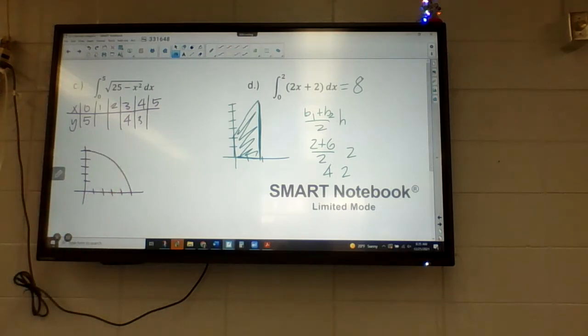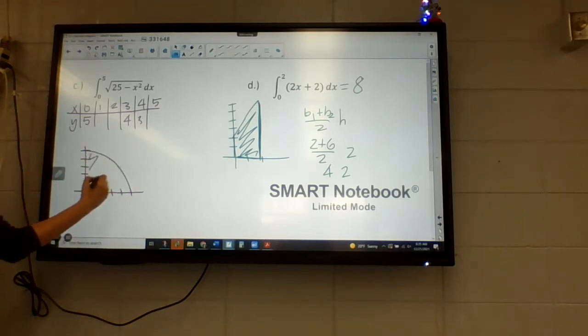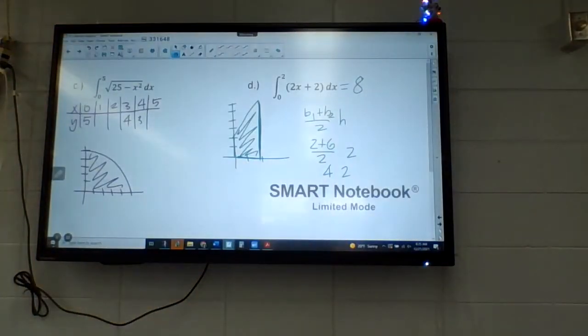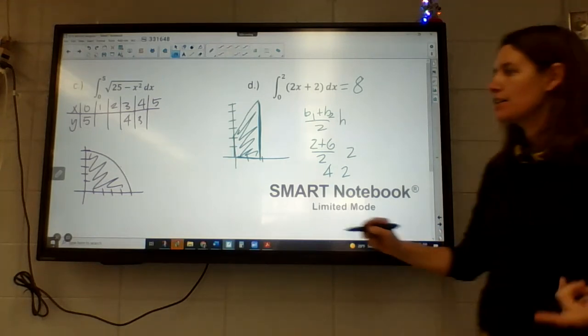So hopefully you guys can draw some sort of curve, but realizing that this is a semicircle. There's a couple different ways you guys can do it. You can figure out how much of the total circle it is. Otherwise, you can do the angle at the center like we did in the warm-up. What's the angle at the center? 90. It's a 90-degree angle.